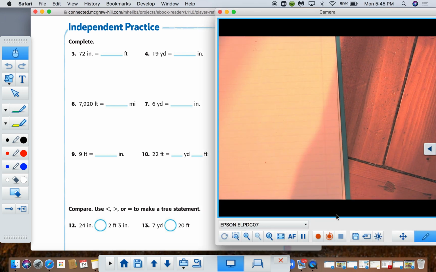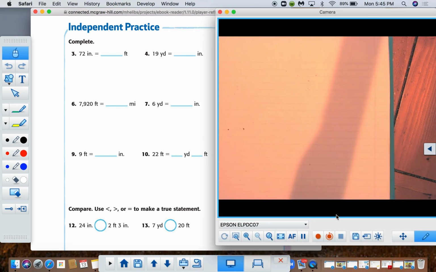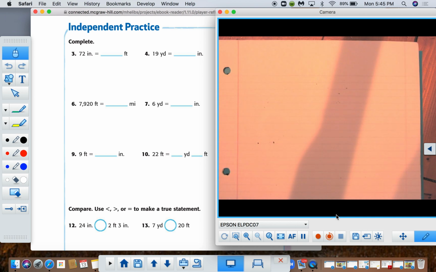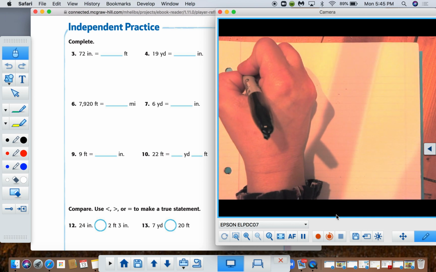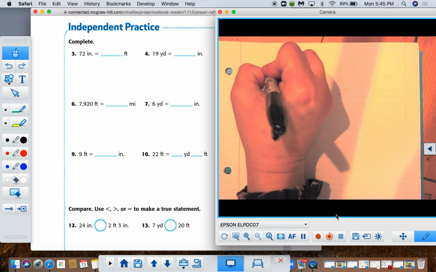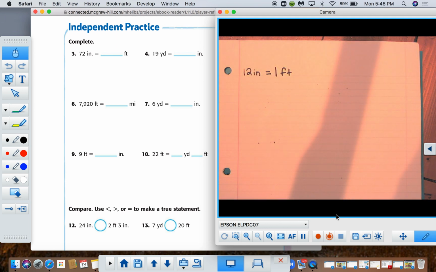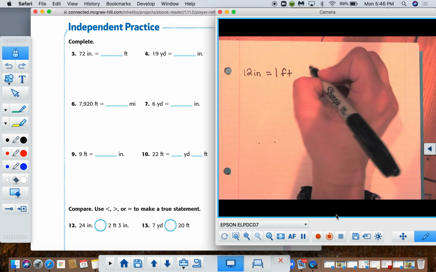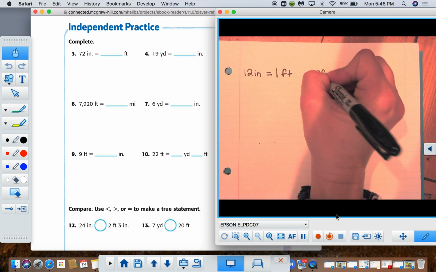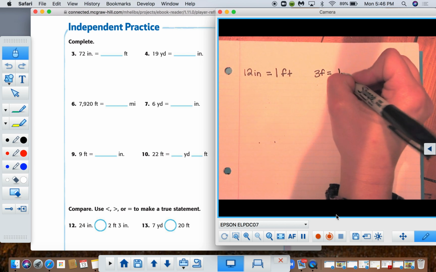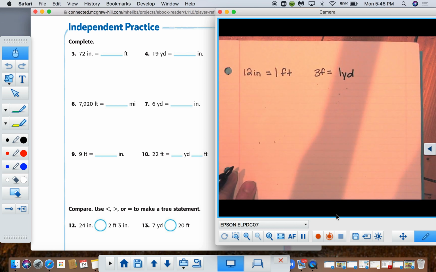So remember from the first page that 12 inches is equal to 1 foot. And 3 feet is equal to 1 yard.